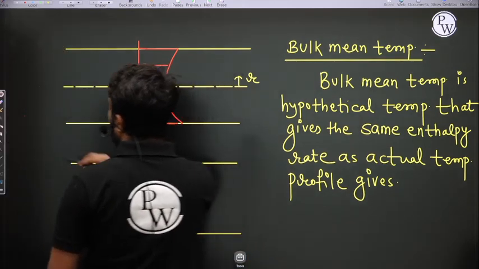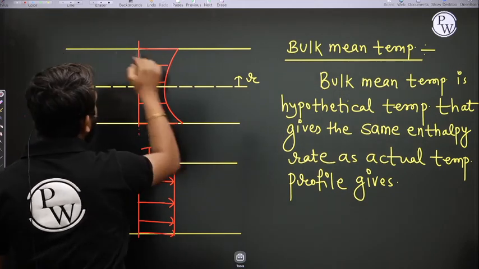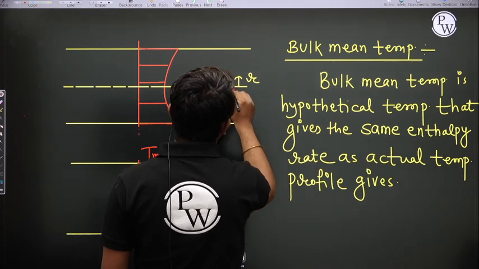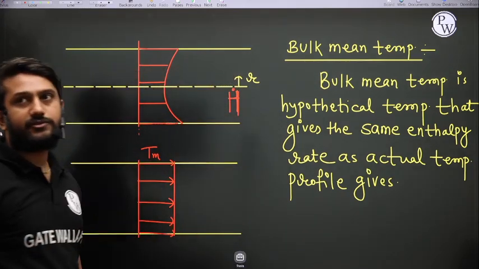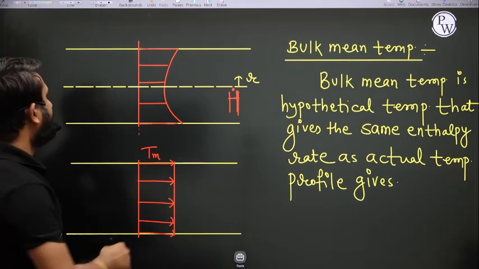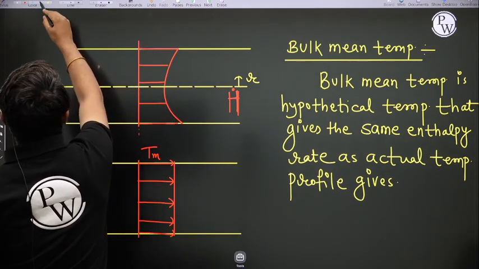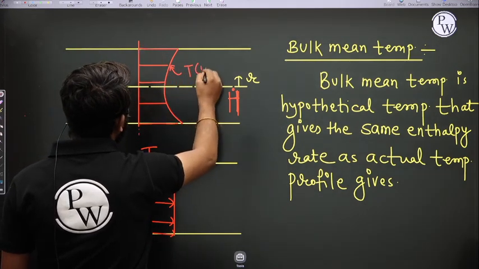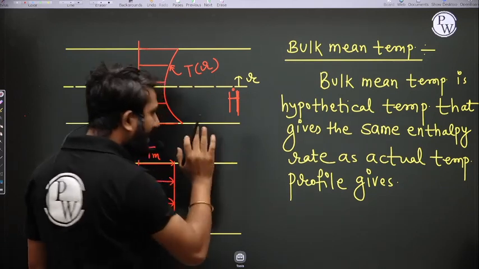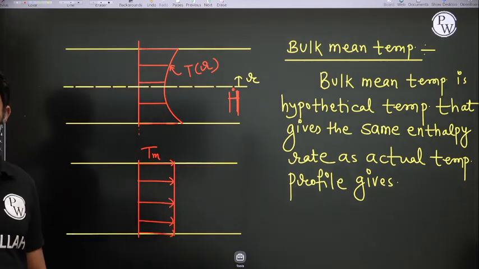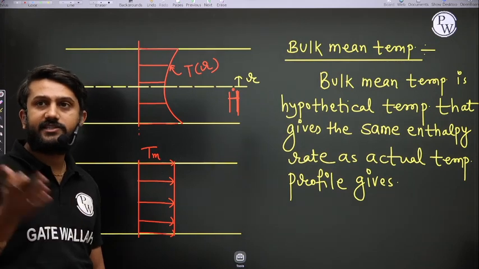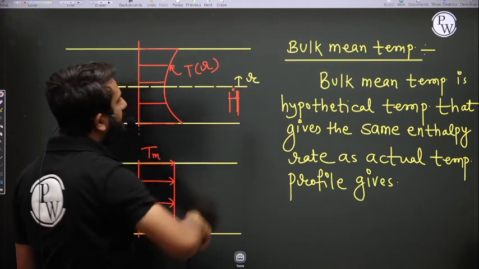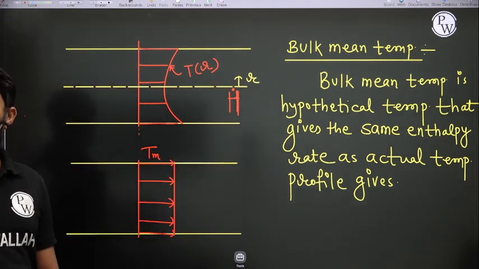Right, so if you are calculating the enthalpy rate here, let us assume this is H dot. If you are calculating the enthalpy rate by using the temperature variation at this particular section, T is a function of R. In general, T is a function of R and X both.